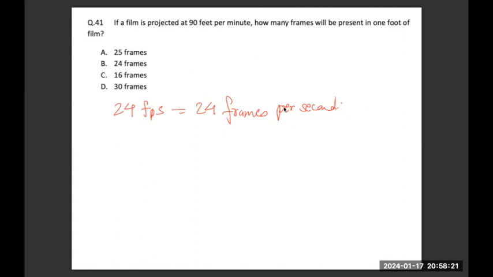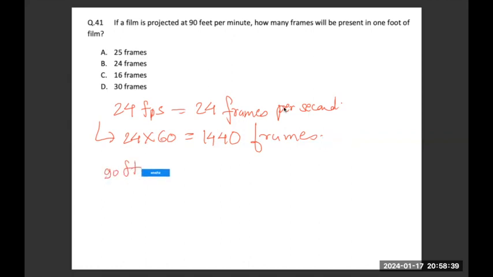So within a minute, it will have 24 into 60, which is 1440 frames.